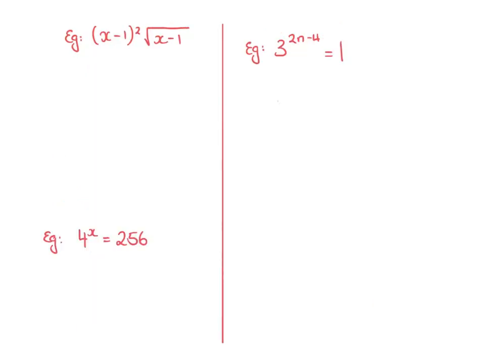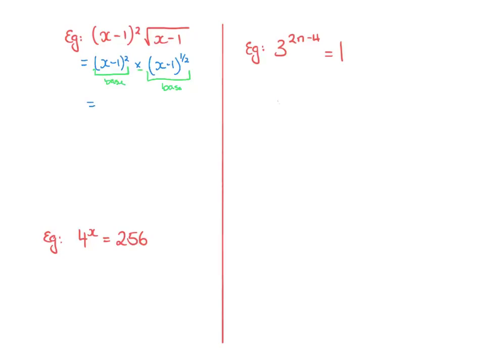Okay, with this example up the top here. If I left the x minus 1 squared, instead of writing square root, I can say that's the same as x minus 1 to the power of a half, because the power of a half is the same as the square root. Now if you look here, we have the same base. That's a base, and that's the same base. So if we're multiplying and there's the same base, we add the powers.